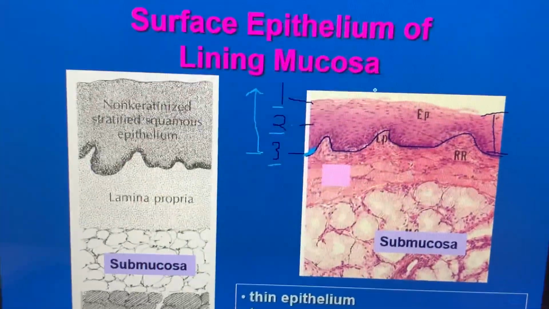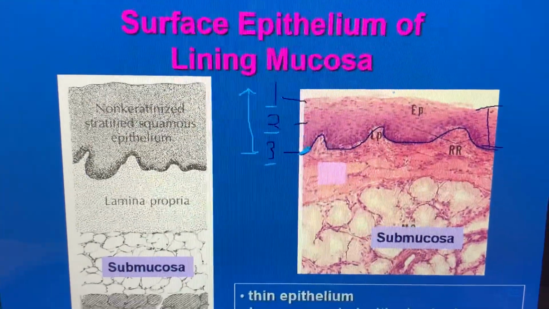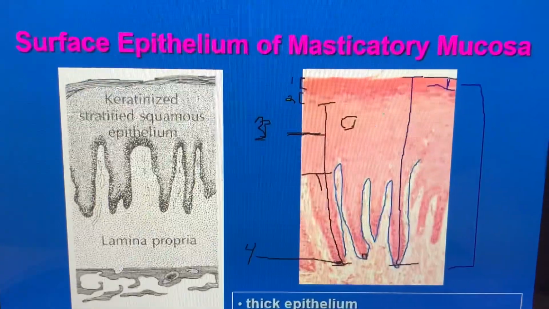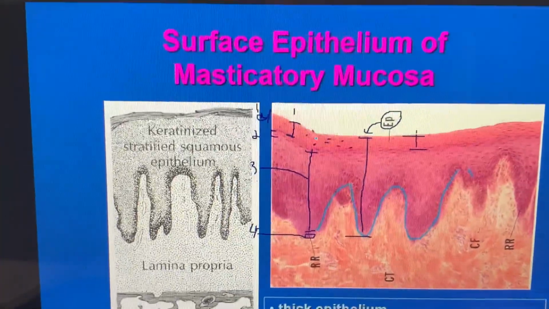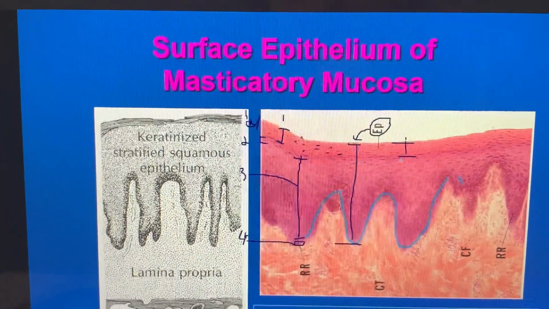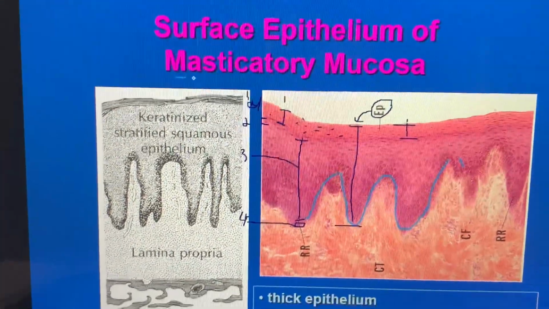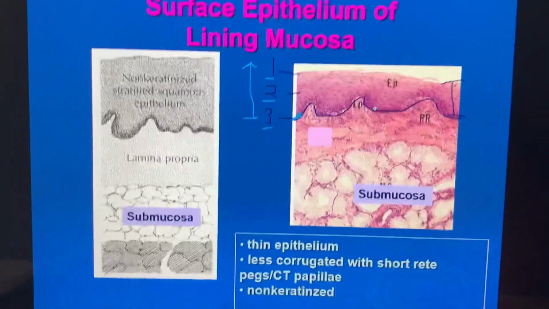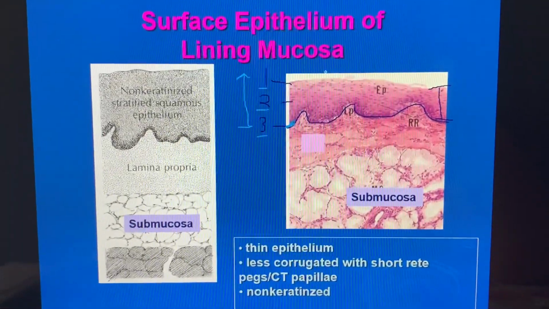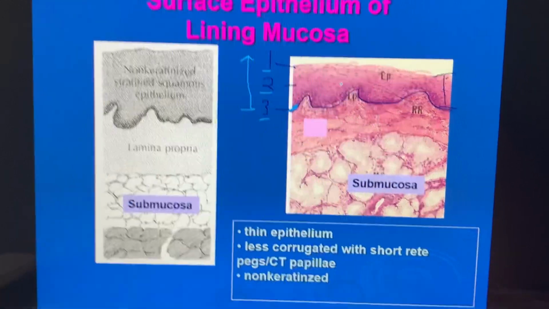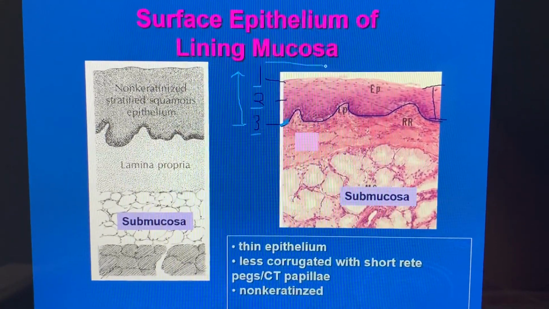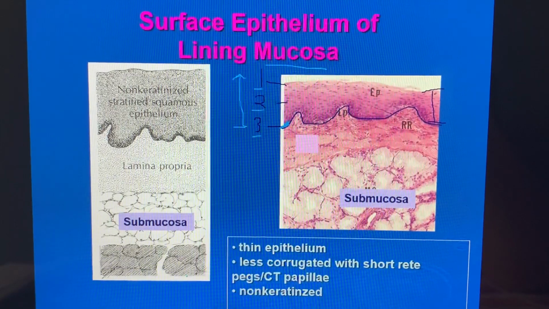Or I could ask you if it's masticatory or lining mucosa. If I show you this picture or this picture, because it has a cornified layer, which is either ortho or para, then you know it's masticatory mucosa. If it's non-keratinized, not as thick, shorter reedy pegs, then that's representative of lining mucosa.